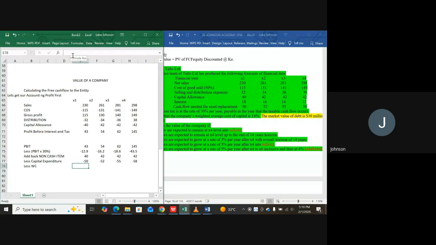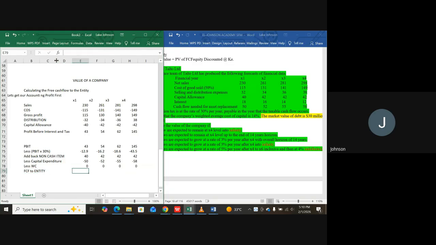Then working capital, we don't have any. Minus 0, minus 0, minus 0, minus 0. There's nothing there. So we now come to get our cash flow statement. We say free cash flow to entity. What is our answer going to be?